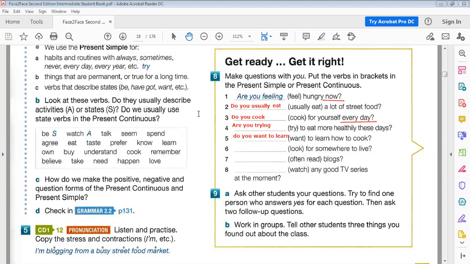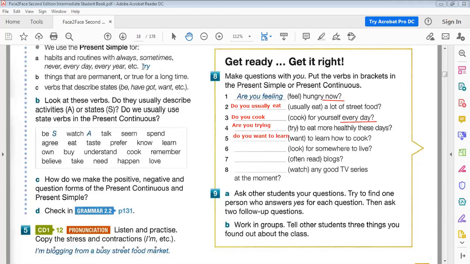But when you say, for example, "Are you looking for somewhere to live?" maybe you're asking about someone who wants to move, or someone who moved to a new country and is looking for a new place to live, right? So you will say, "Are you looking for somewhere to live?" But if we use the present simple, the question is a little strange. Do you get the idea? "Do you look?" So here you have to use the present continuous.